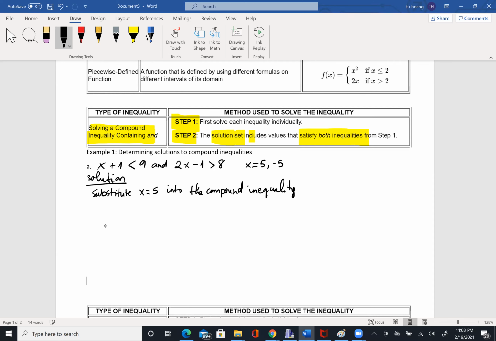Remember that because these inequalities have an "and", we call this a compound inequality.